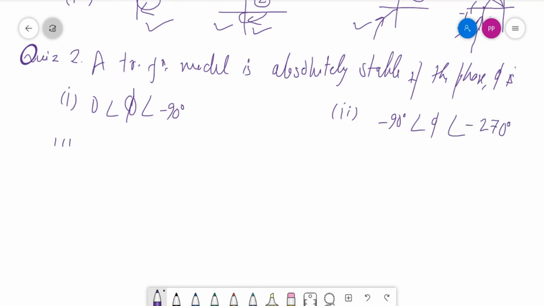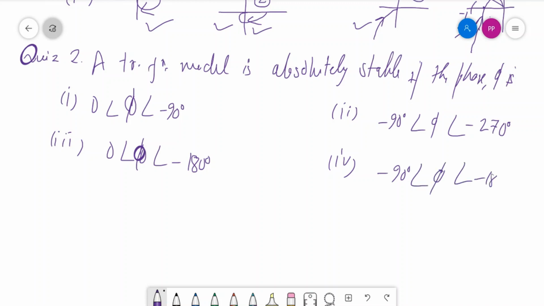Number 3, 0 is less than phi is less than -180 degree. And number 4, we have -90 degree is less than phi is less than -180 degree. As we have discussed, for a stable system, the system should lie in the third and fourth quadrant. So naturally the option which comes for us is number 1.